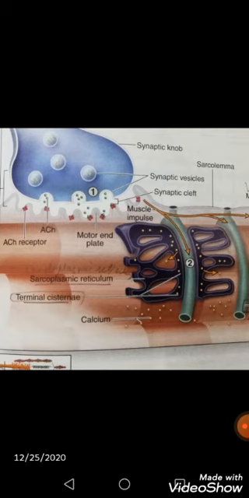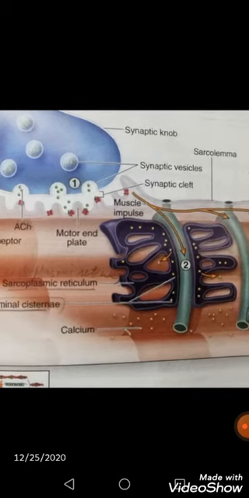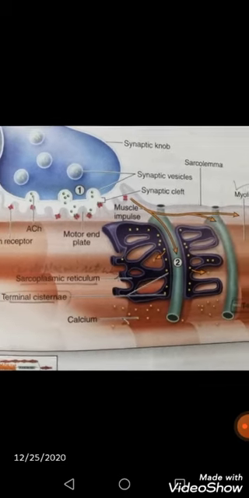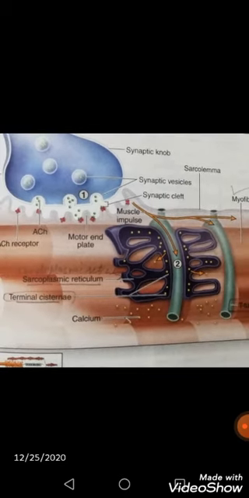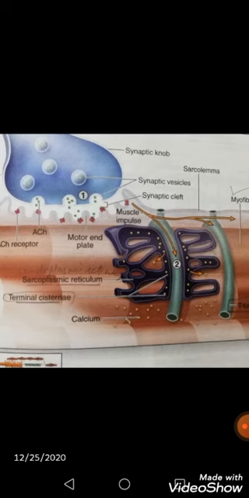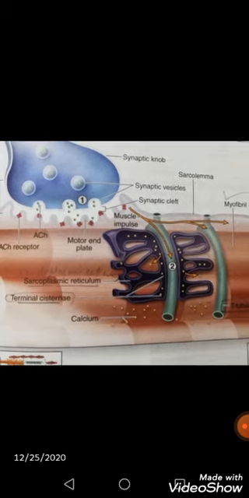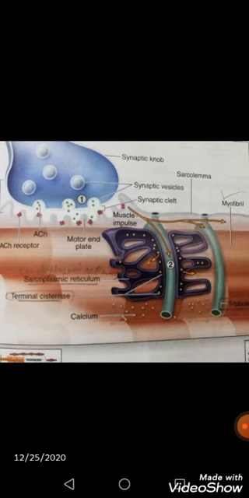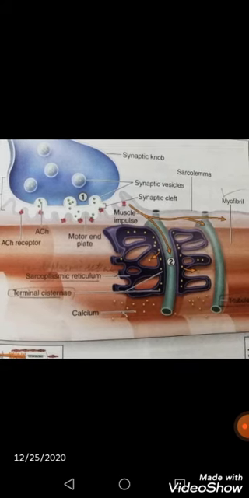Each one is called a T-tubule. It penetrates to all levels of the muscle fibers and is located between adjacent terminal cisterns, or at the A-I junctions. What I want to say is that in each sarcomere, two T-tubules and two terminal cisterns are present, and they form the triad in the skeletal muscle.